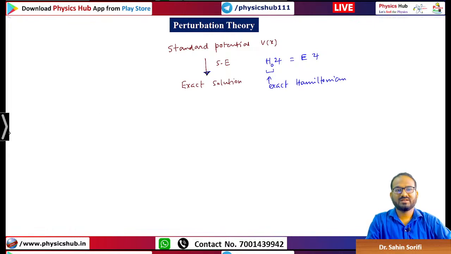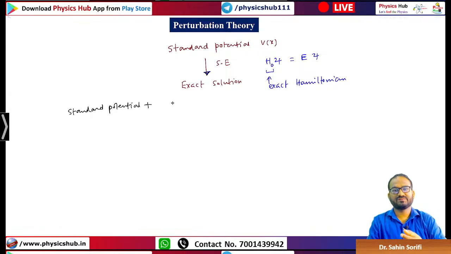Now if some perturbation is there, perturbation means the standard potential plus some small deviation. For this kind of case, your exact Hamiltonian is changed.